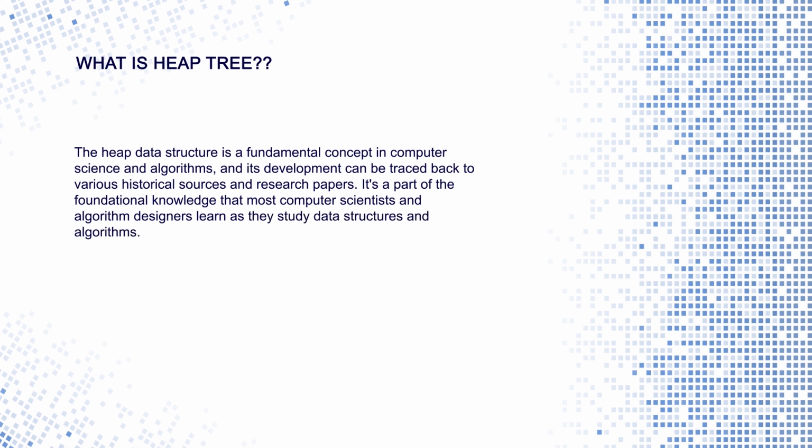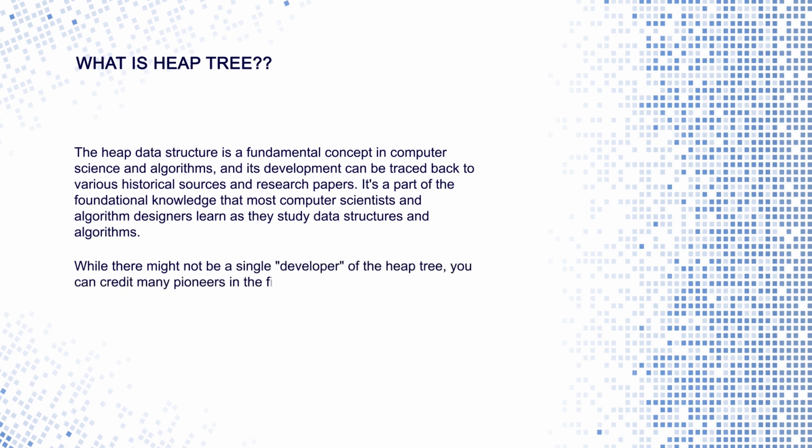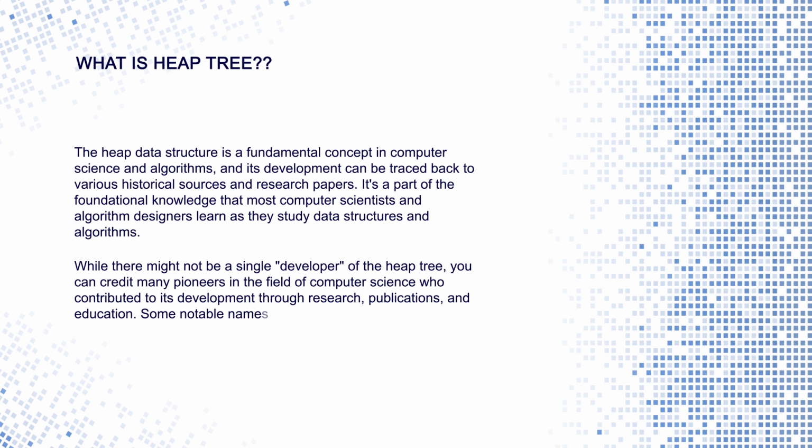It is a part of fundamental knowledge that most computer scientists and algorithm designers learn as they study data structures and algorithms. While there might not be a single developer of this heap tree, you can give credit to many pioneers in the field of computer science who contributed to its development through research, publication and education.